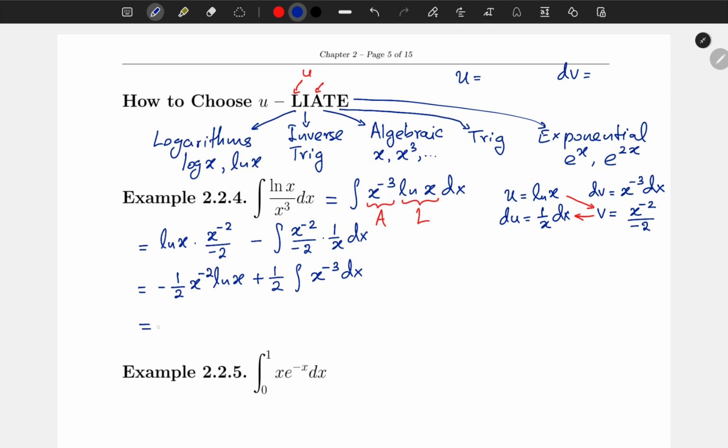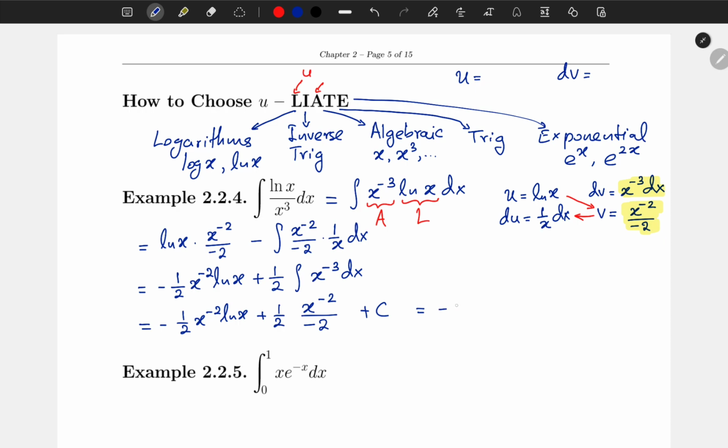Now we know how to integrate that. x to the negative 3, we already did it here. So this is x to the negative 2 over negative 2.